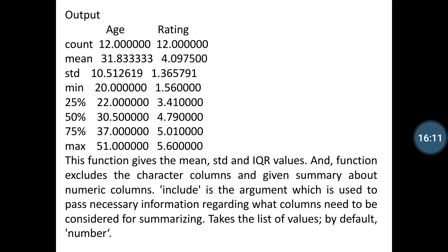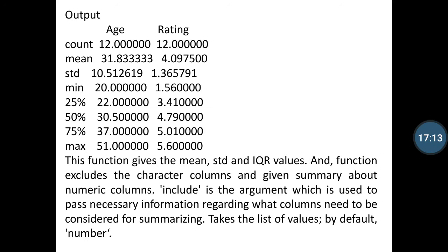The count of the age is 12 and rating is 12, and the mean value of the age is 31.83 and the rating is 4.09, and the standard deviation is 10.51 and the rating standard deviation is 1.365, and the minimum value of age is 20 and the minimum rating is 1.56, and the 25 percentile of the age is 22 and the 25 percentile of rating is 3.41 and the 50% of age is 30.50 and the rating at 50% is 4.79, and the 75% of the age value is calculated as 37.00 and the rating value at 75% is 5.01, and the max value of the age is 51 and the max value of the rating is 56.